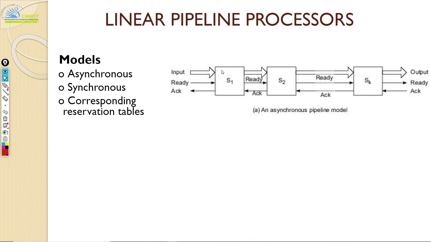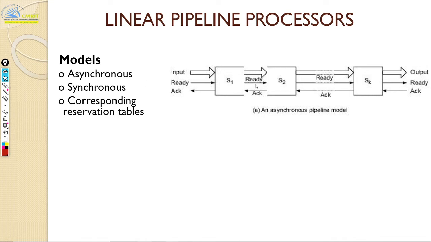Something like that. So here, every stage will have a ready, and then there is going to be an acknowledge. Yeah, that's right, Lavanya. It is signals in asynchronous. These are ready and acknowledgement signals. So you don't have a clock, but rather every time you are done with a stage, there is going to be some kind of a handshake.